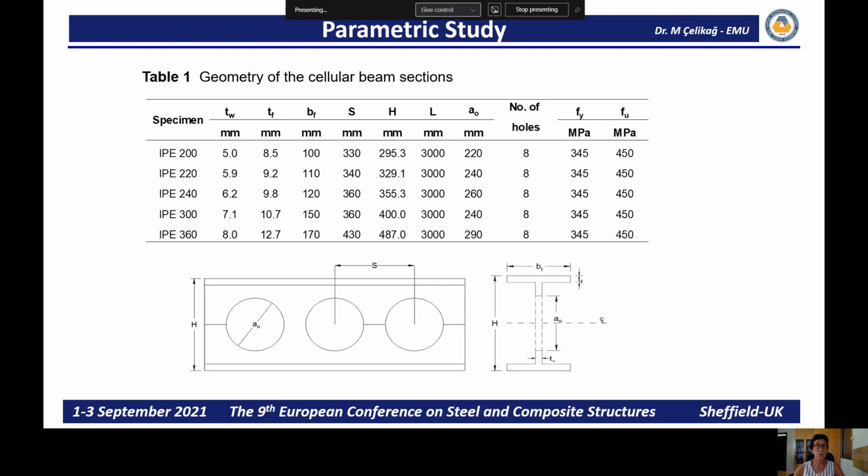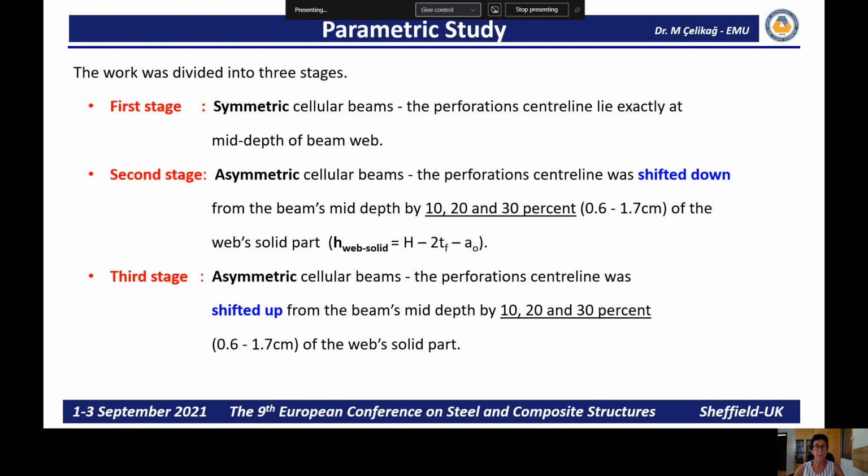Table 1 shows the geometrical details of the 5 IP root beam sections ranging from 200 to 360 that were used for this numerical study. All had the same yield stress, which was 345 megapascals.